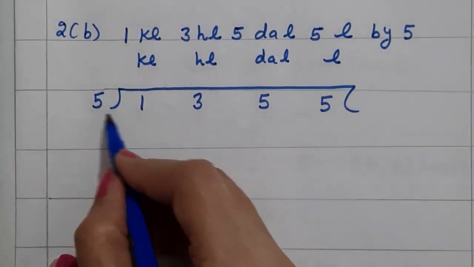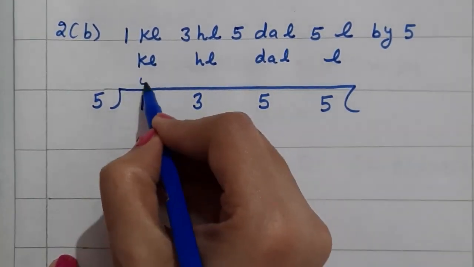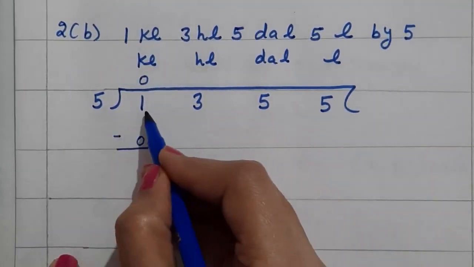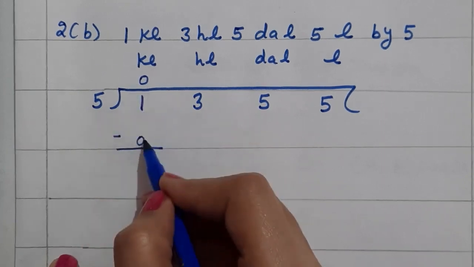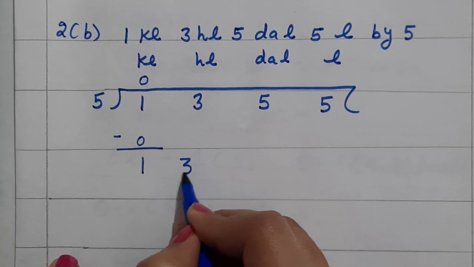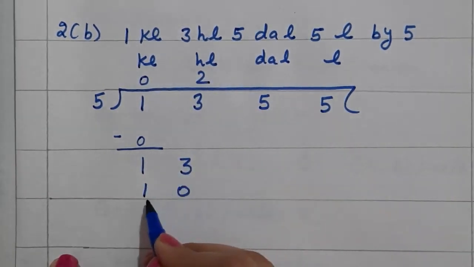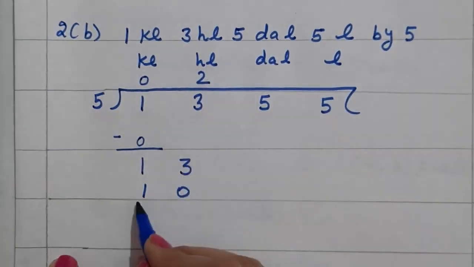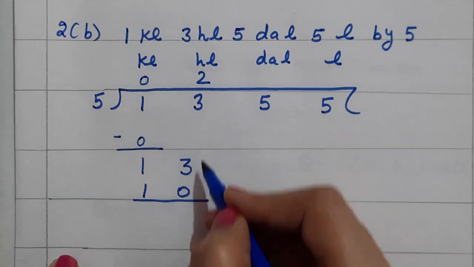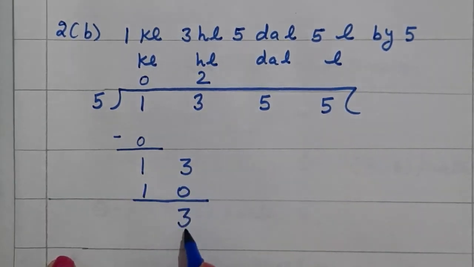Now look here. 5, here it is 1. 5 zeros are 0 because 1 is less than 5. So we'll take zeros are 0. Now 1 minus 0, 1. Take the next digit, 3. 5 2s are 10. 2 will be written in hectoliter now, because when we have taken 13, only then division is possible. 13 minus 10, 3.